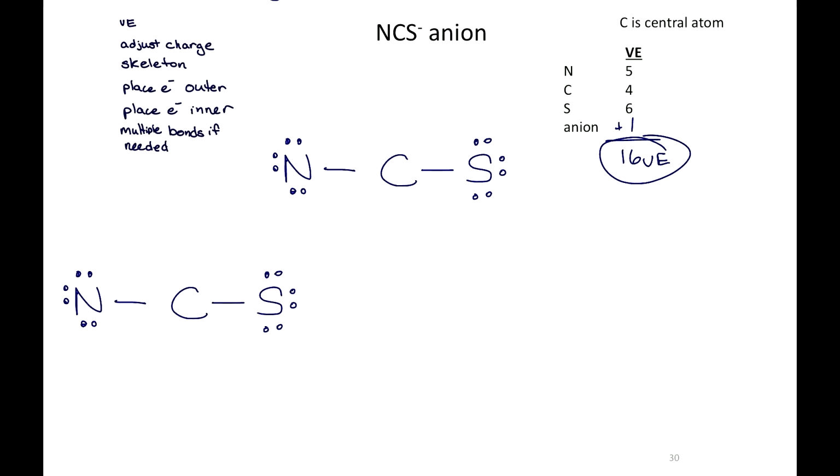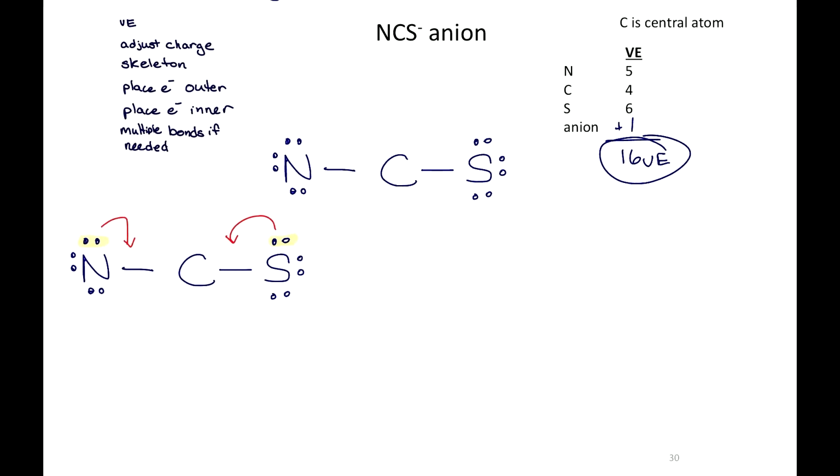It's kind of like the same way that we finished CO2, just take 1 lone pair from each of these atoms, and make it like this. And then I can draw what that looks like. Carbon in the middle, double bond, nitrogen, 2 lone pairs left over, sulfur, 2 lone pairs left over, right?